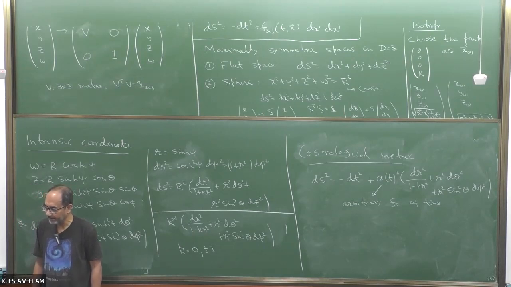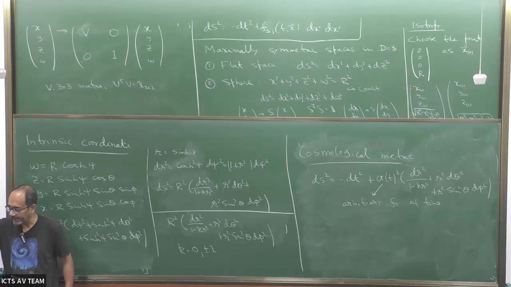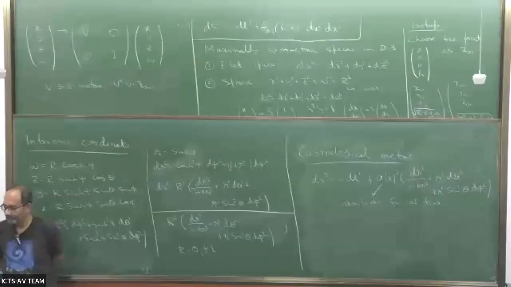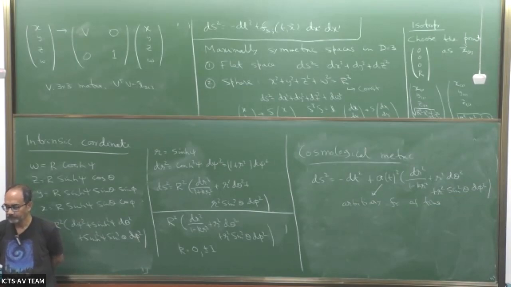See, the point is that if part of it is k equal to 1, part of it is k equal to minus 1, then at the boundary, if it is smooth, it's not of this form. It may happen in the universe, but that universe will not be homogeneous and isotropic. It will only be locally homogeneous and isotropic. That might have been the case for our universe. Yeah, it could be. We don't know.